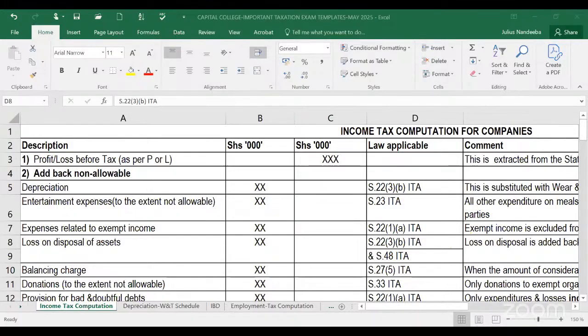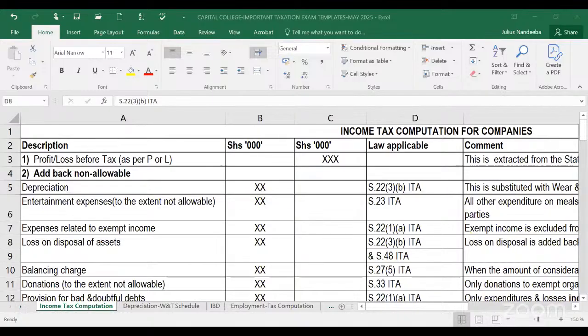But taxation rules dictate which of the incomes are taxable and which of the incomes are not taxable. So we are looking into the incomes that they have given us, and then going to the tax computation to remove.